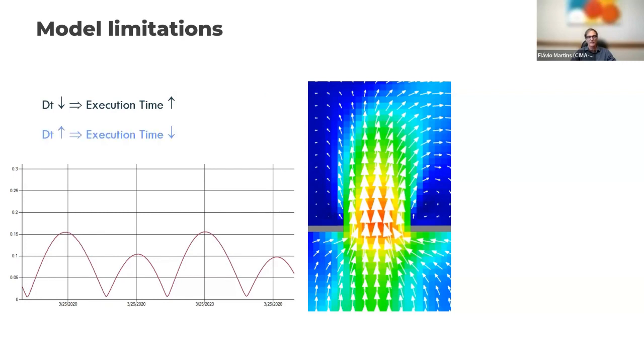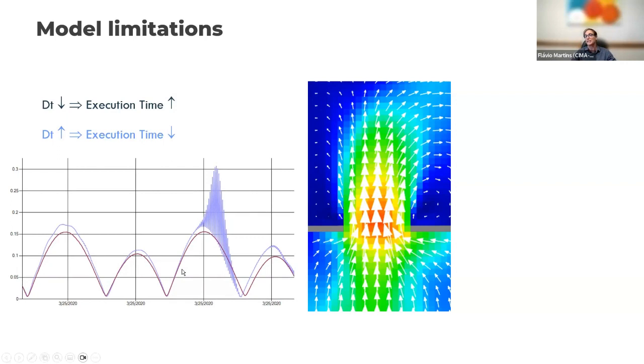But what happens is sometimes the model doesn't give good results. So you have here, this is a real case, done using a real model. This is the water level in a tidal system. And this was done with a small delta t, so many time steps, and the result is very smooth.